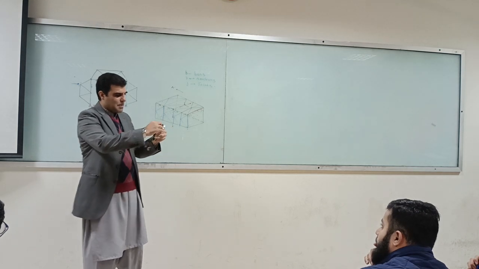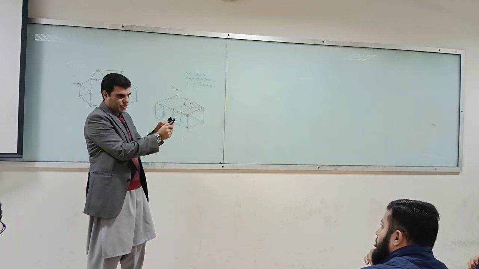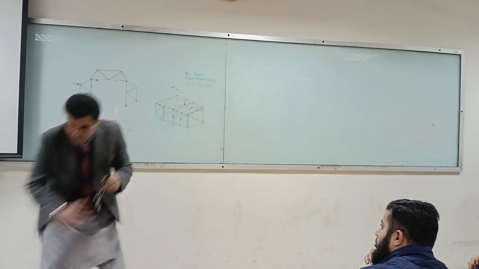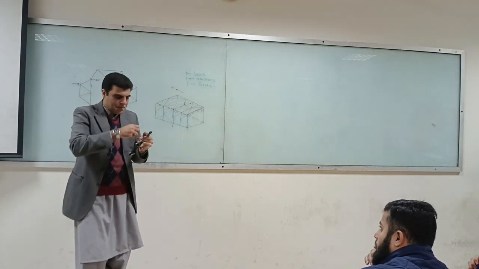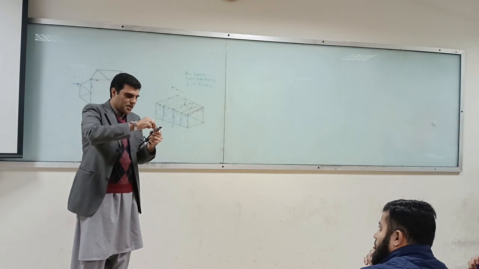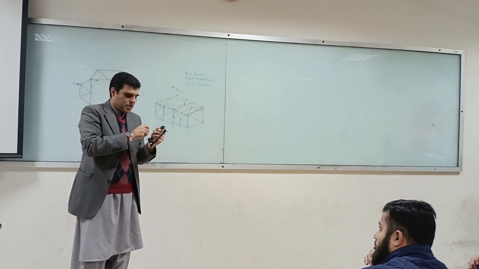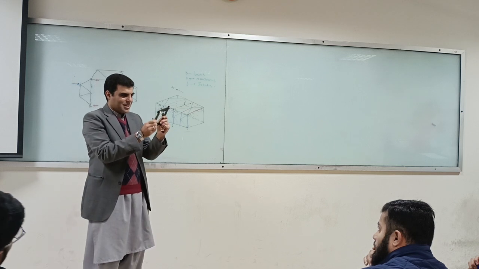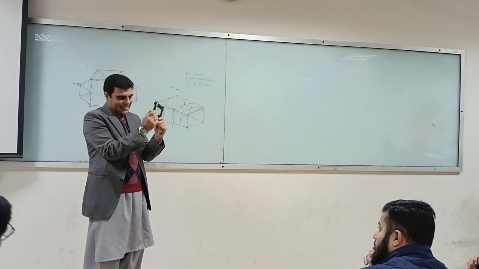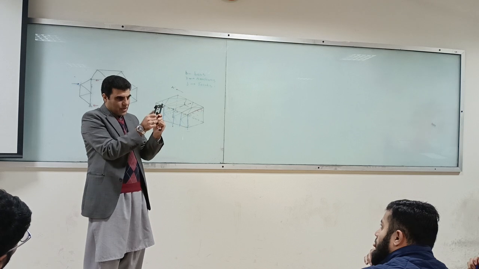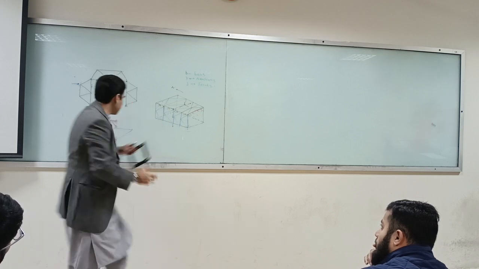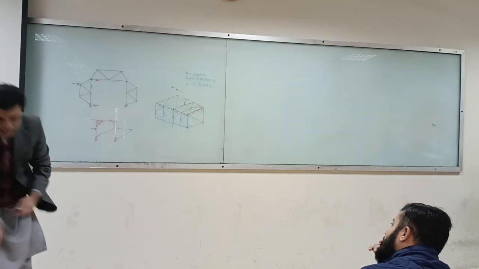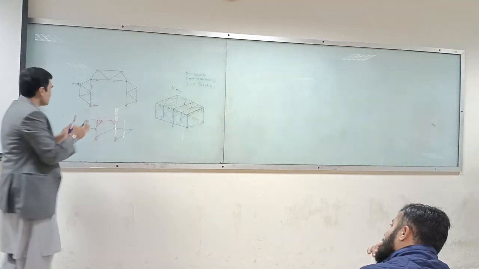But if I put a member like this over here, then do you think it will move? No. So what I'm doing is, essentially, I am providing a member in this direction and in this direction. So now look, this thing will resist that, and this thing will resist that, and that's what I've done.